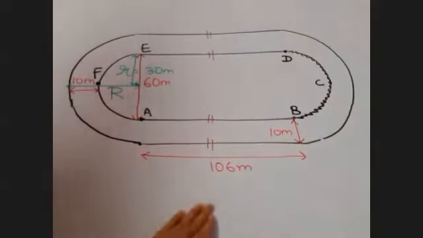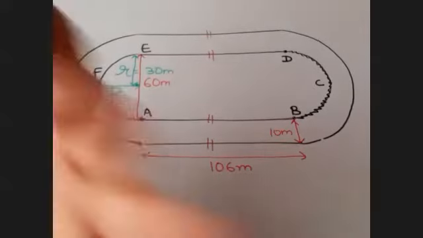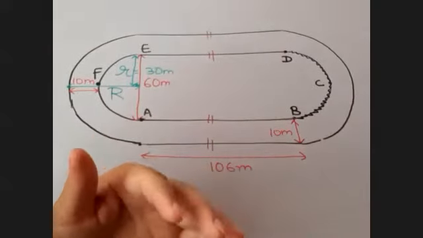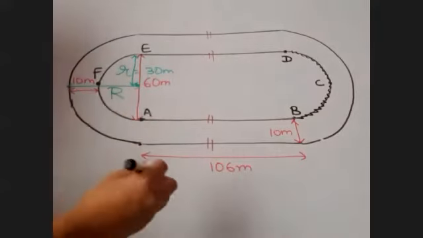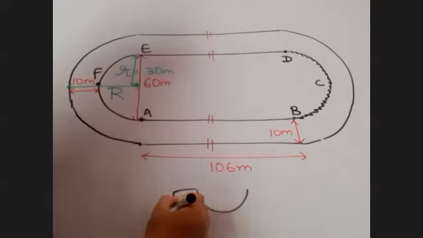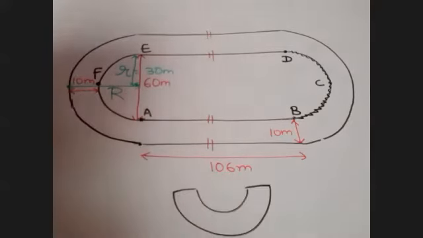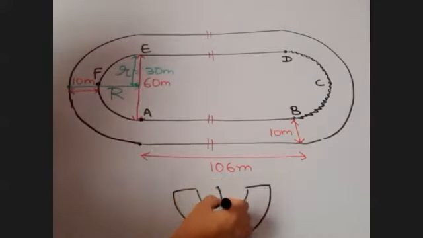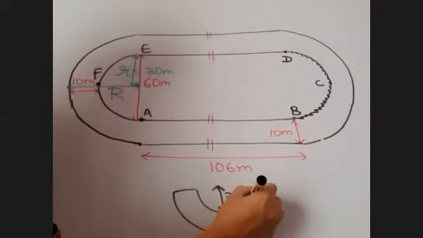Now in the second part, how did the capital R come? See, beta, this is the small one and this is the capital one. From here till here, the radius of the smallest semicircle is 30 meter.